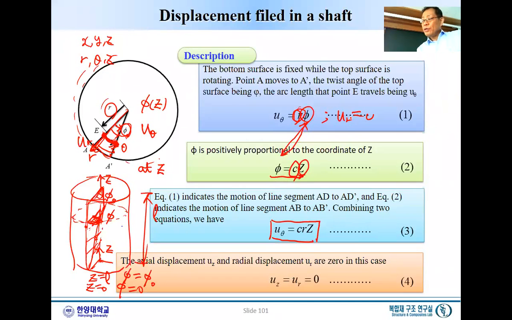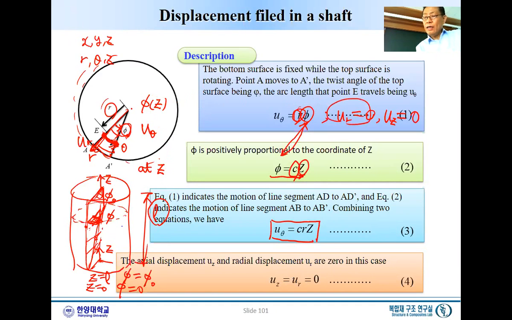And again, U_R equals 0, no radial expansion, and also I need to say in the z direction there is no extension. So U_z equals 0. U_z equals 0, what does it mean? It means that when you rotate, the length L is kept constant, and U_R equals 0, what does it mean?